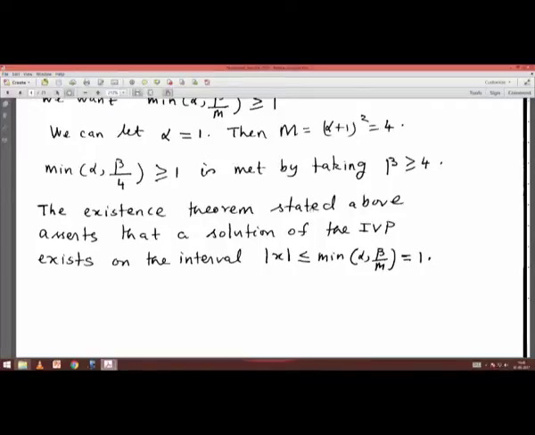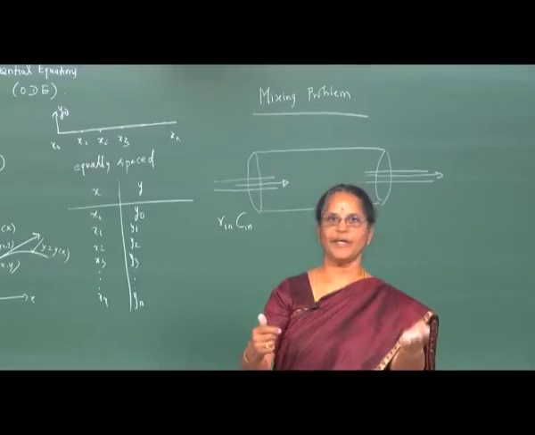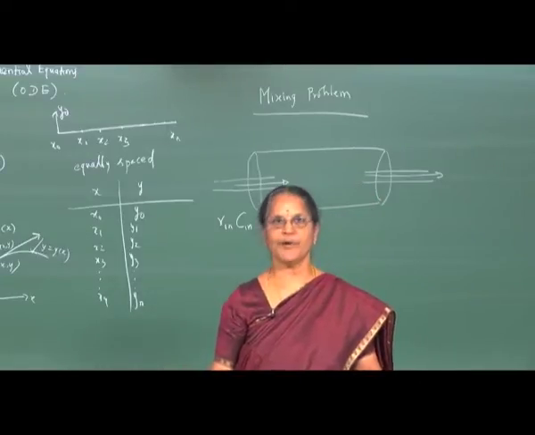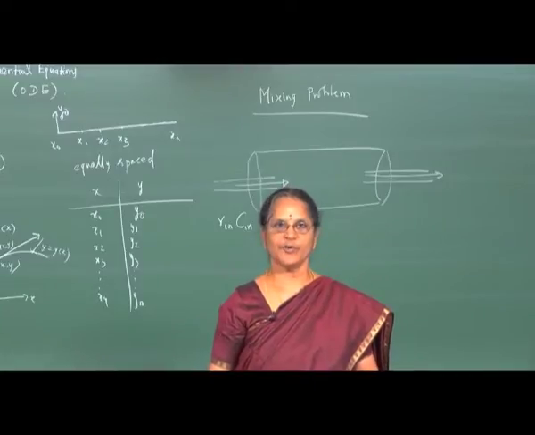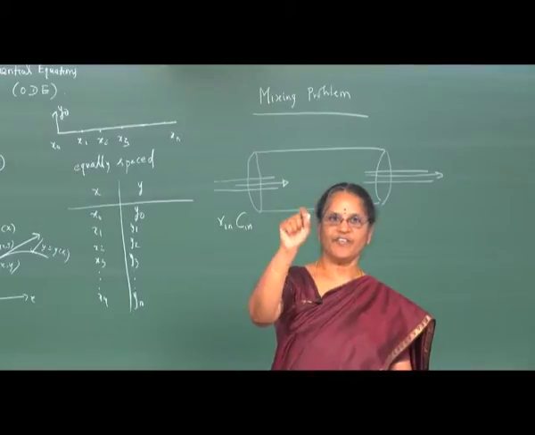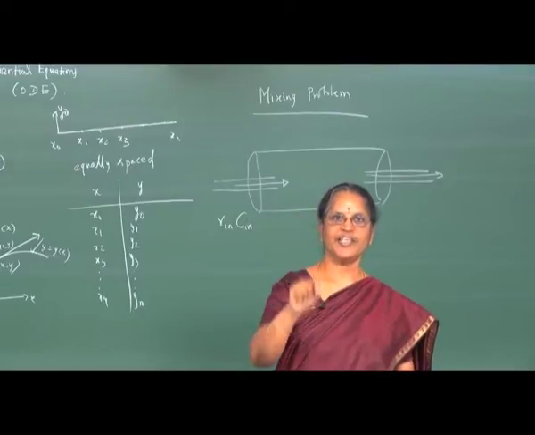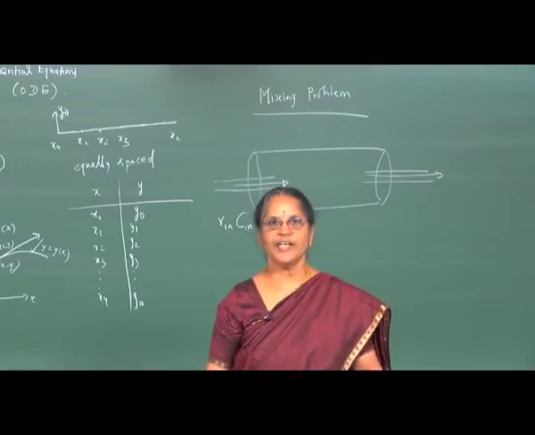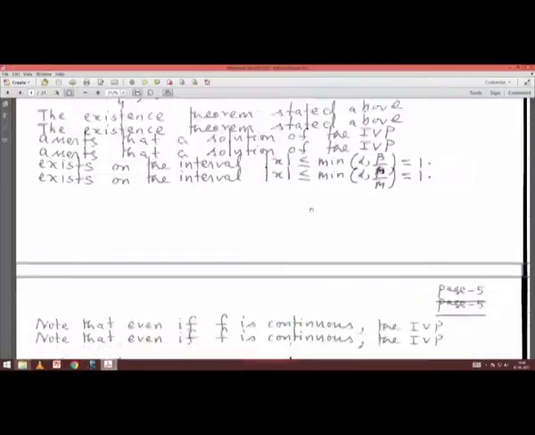Namely, the solution exists in an interval of the form minus 1 to 1, which encloses this initial point x naught equal to 0. So, what is the condition? The function f of x comma y must be continuous in that rectangle R, which is centered at the point x naught comma y naught.